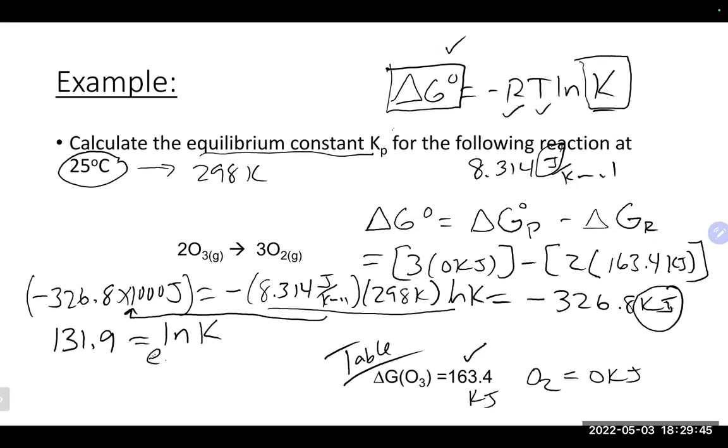So a little E action there. We don't want to insert the negative at this point since it's gone. When we do that, that's going to give us a K value of about 1.9 times 10 to the 57, I think, is a winner there.